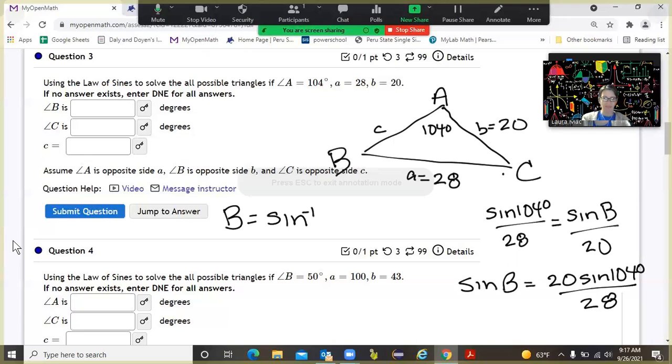Let me go ahead and find that piece. That way it looks a little sweeter. Again, just make sure your calculator is in degrees when you do this. But we have the 20 times the sine of 104 divided by that 28. So this is approximately 0.693.